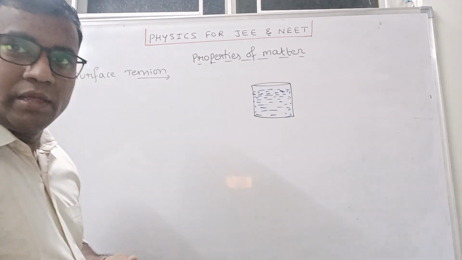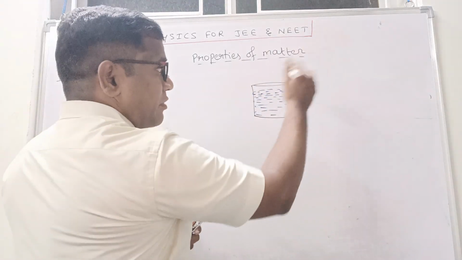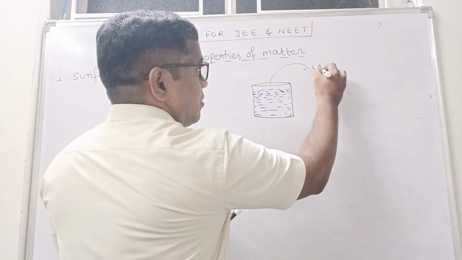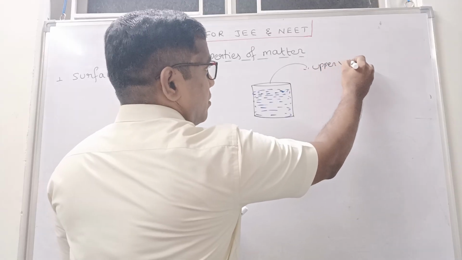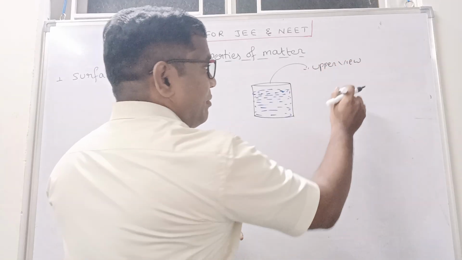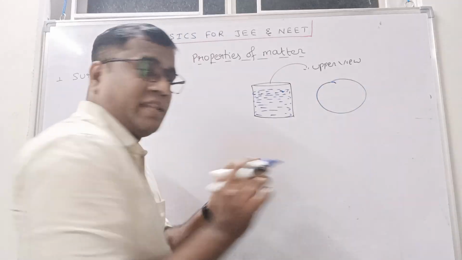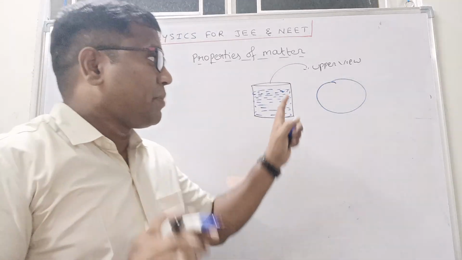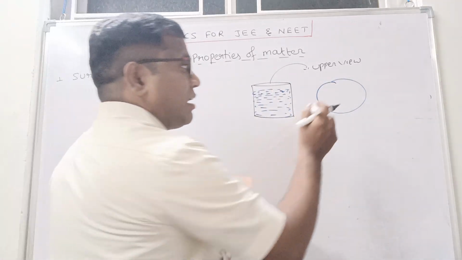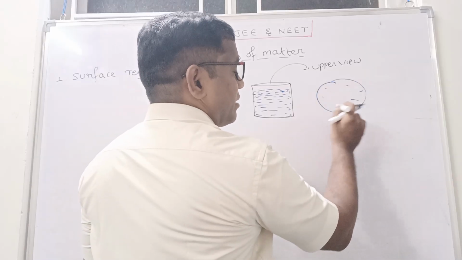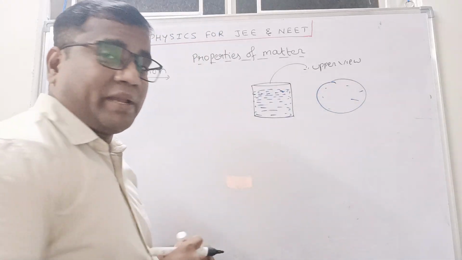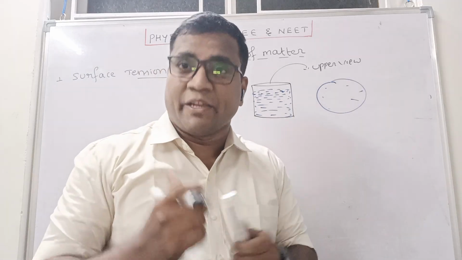If you see the upper view, the liquid will be like this. The container is a cylindrical one, so in the upper view the liquid will be like this. Here all the liquid particles will be there, right? So now mathematically, how are we defining surface tension?